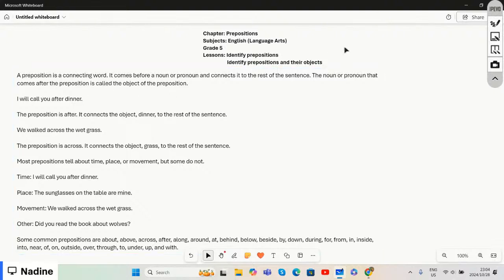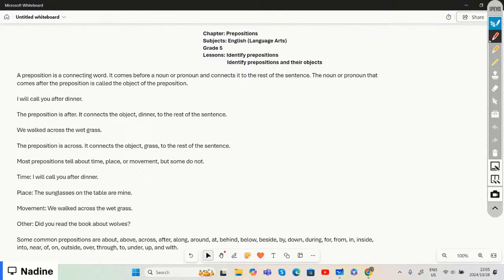All right. So when it comes to prepositions, we call it a connecting word.